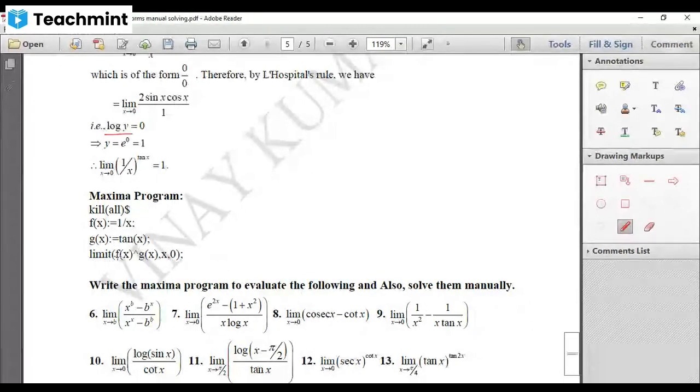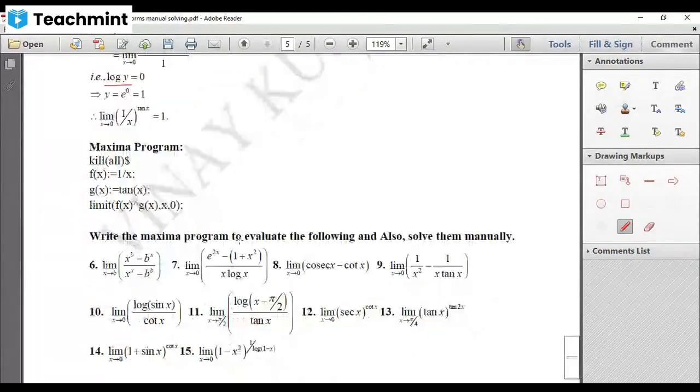Limit of f of x to the power of g of x, how you are going to give that one? F of x cap g of x, comma x at the point 0. This ended with semicolon. This gives you the limit as x tends to 0, f of x to the power of g of x.